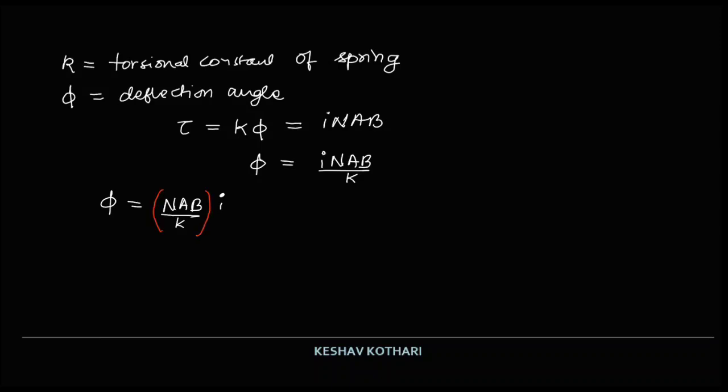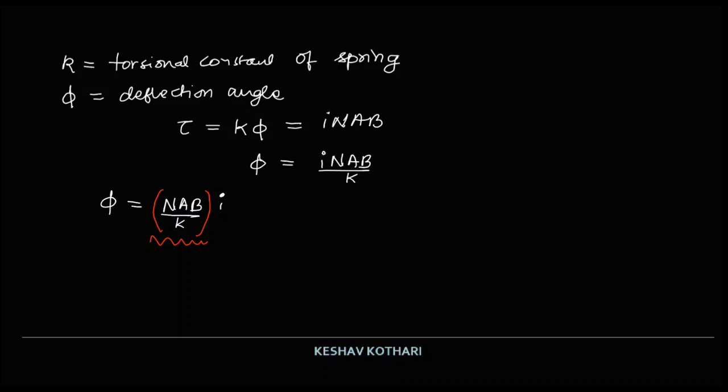So this entire parameter NAB by K is a constant, and it is regarded as the galvanometer constant. We say that it is a constant because the number of turns of the galvanometer coil, the area of the armature coil, and the torsional constant of the spring are not going to change under any circumstance in the galvanometer.